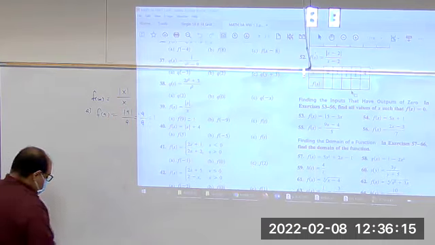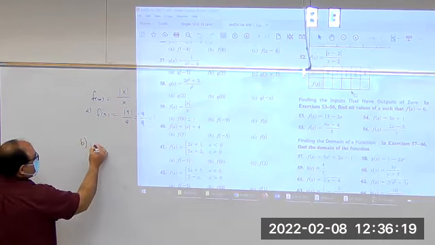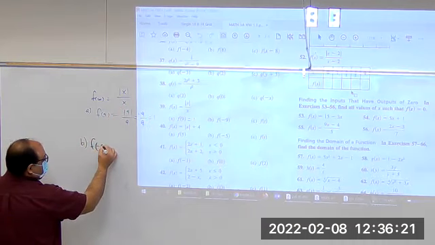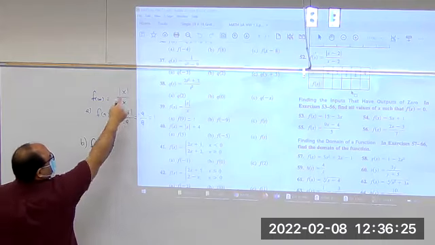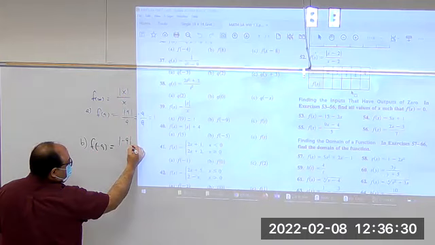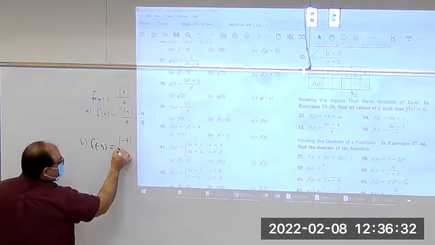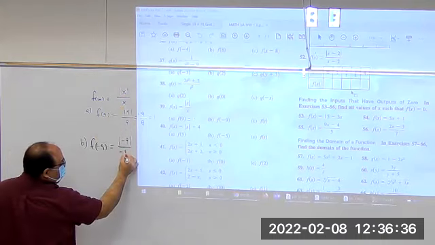And then b. What happens if you substitute negative 9 into the function? So it's the absolute value of x now becomes the absolute value of negative 9 over just x, and you substitute negative 9 in for that x.